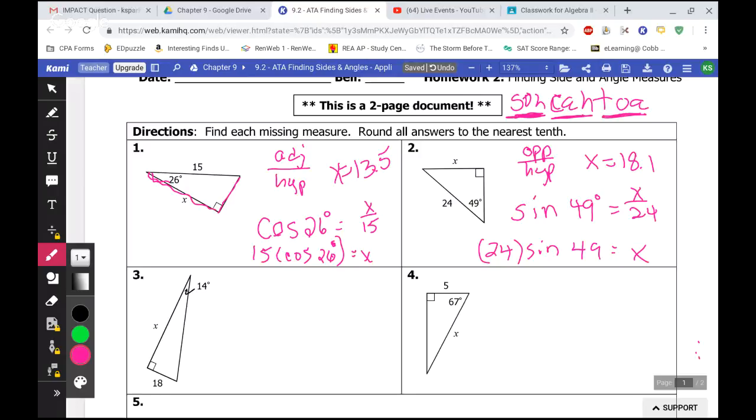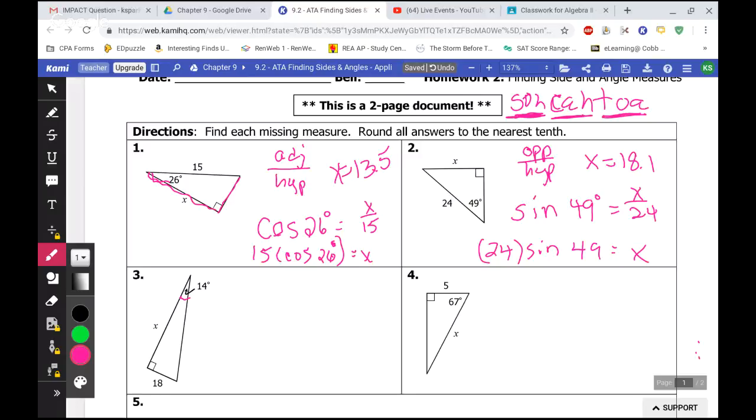All right, on number 3, we've got the opposite side, because the legs that surround the right angle are always going to be your opposite and adjacent sides.